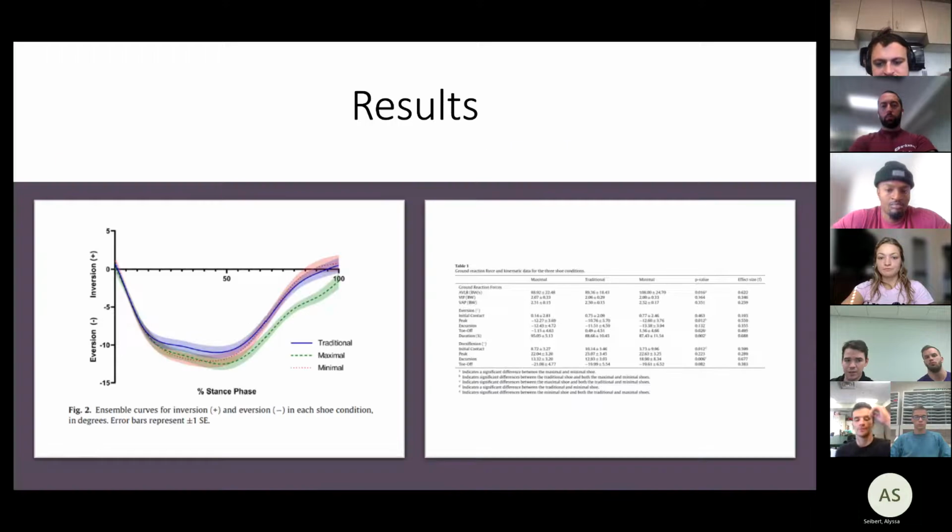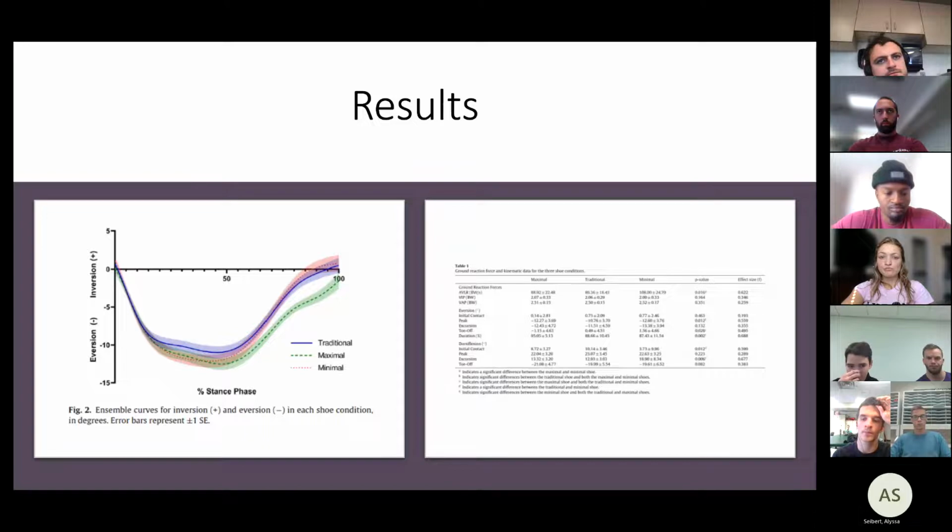So here, these just summarize everything on the chart you see on the left. The x-axis is percent of stance phase, and the y-axis is mostly eversion.